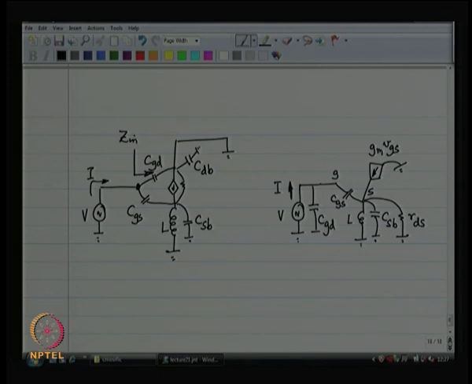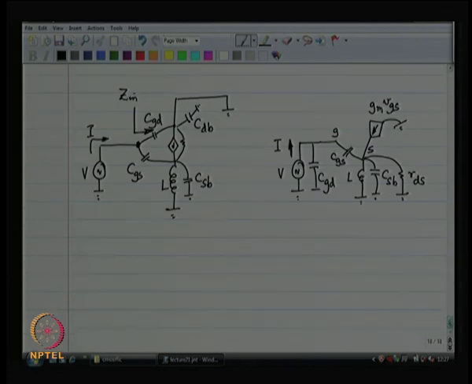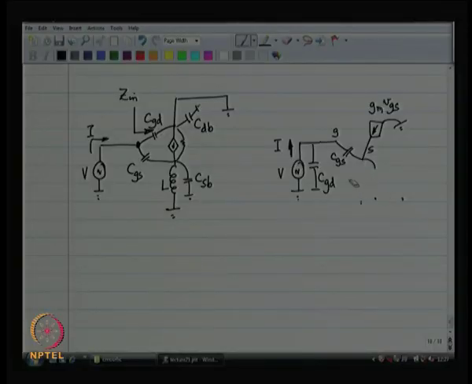All right. So, this is my redrawing of that. CDB became irrelevant as a result, and the next thing I am going to do is I am going to lump L, CSB and RDS into one combined element called Z. Okay, which is the parallel combination of all this, and you keep this thing in your scratch pad. So, this is Z. All right.